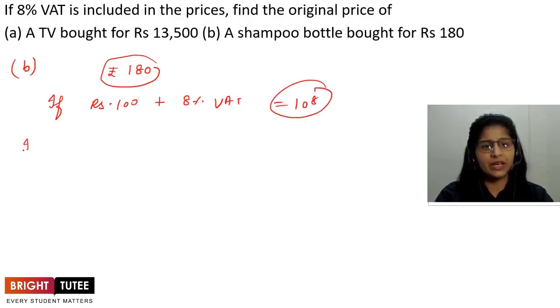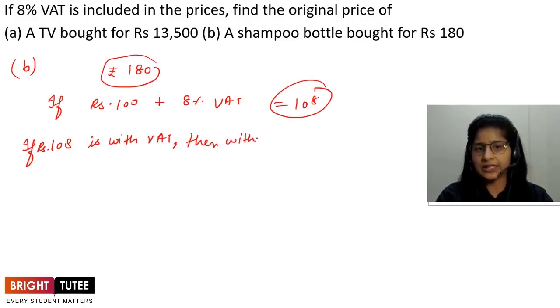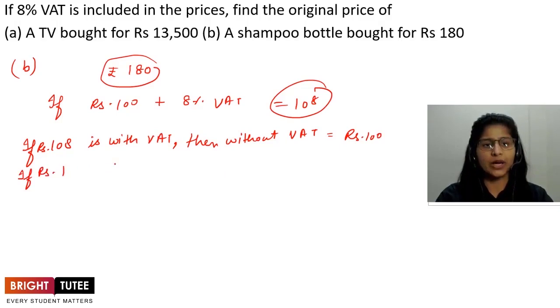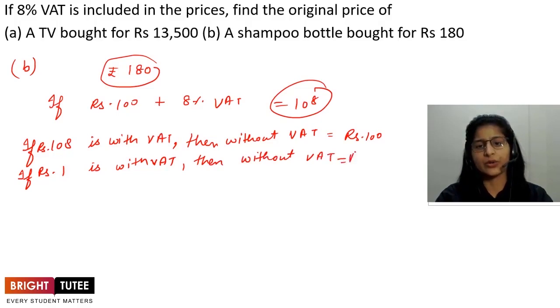So we will say if rupees 108 is with VAT, right, then without VAT, if rupees 108, in this it is VAT included, then without VAT it will be rupees 100. Okay, then we will write if rupees 1 is with VAT, that means value added tax, then without VAT it will be rupees 100 upon 108.